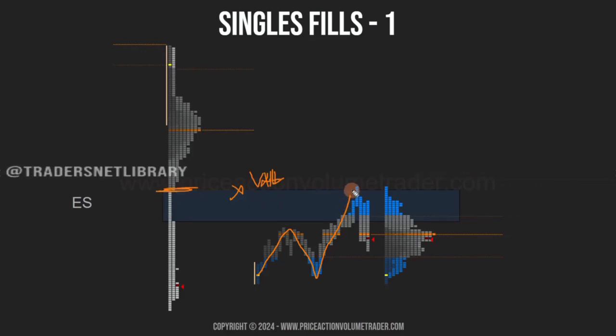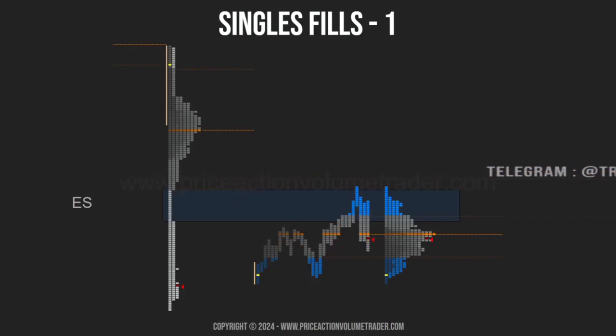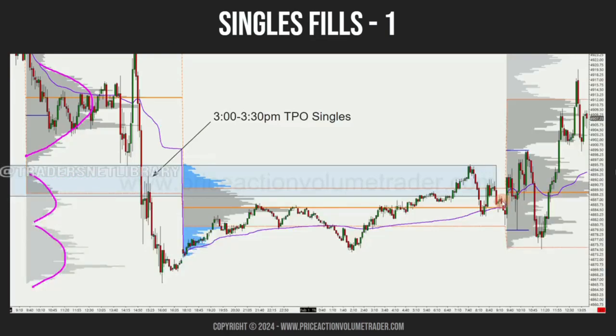And then the market came right into here, and then we rejected and closed down below. Okay, so singles just make it a very easy area to target.